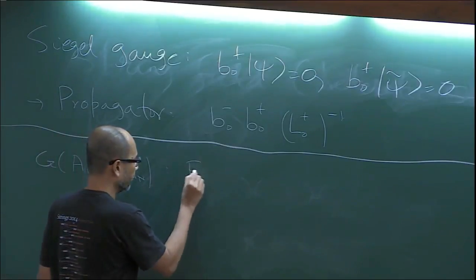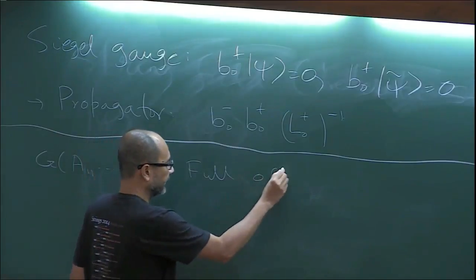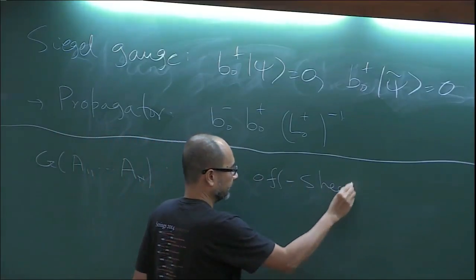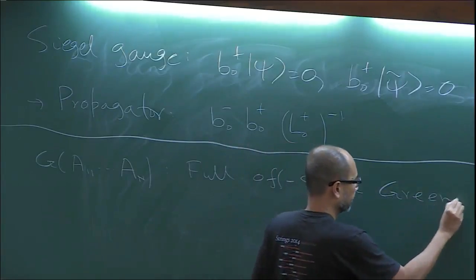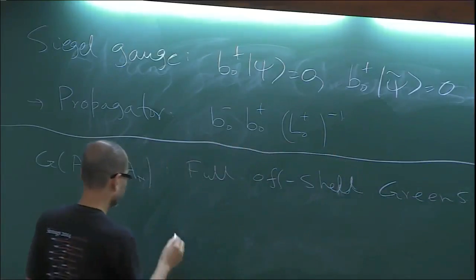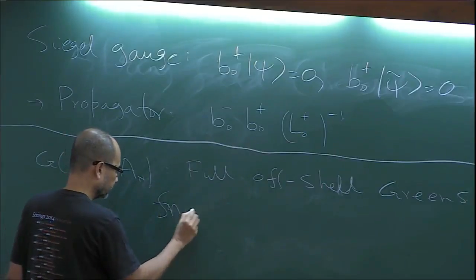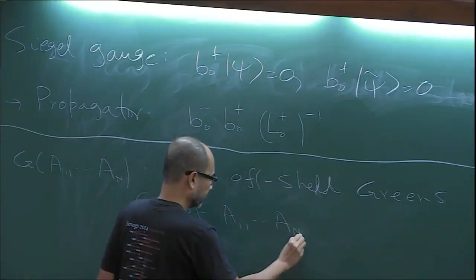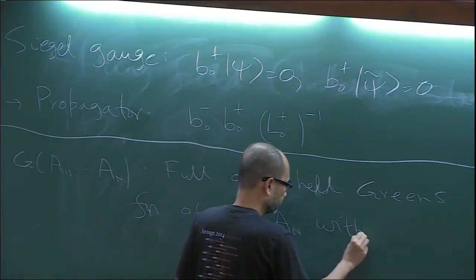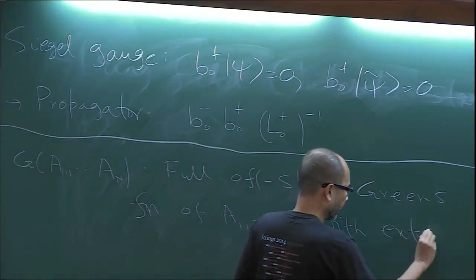This is the full off-shell Green's function of A1 to An with external tree-level propagators truncated.